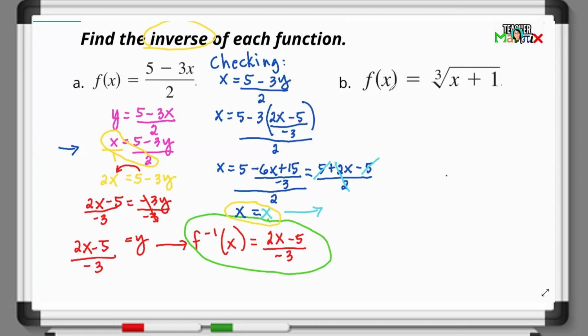F of x or y, then, x plus 1 or the cube root of x plus 1. Before ako mag-proceed, dapat i-convert ko muna ito into exponential form. Ibig sabihin, (x plus 1) raised to the power of 1/3.